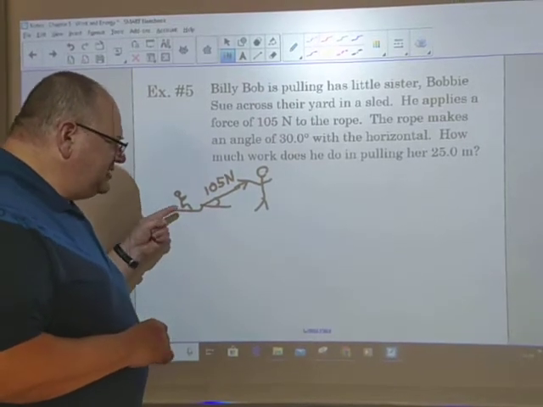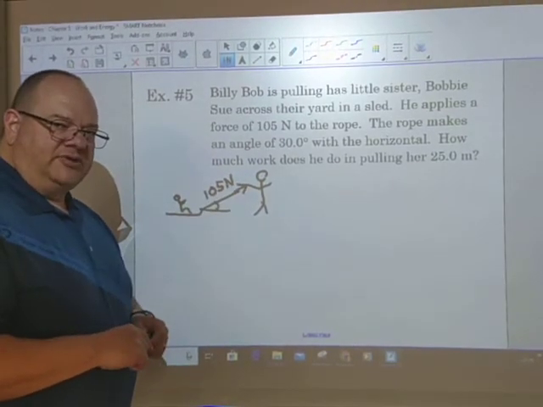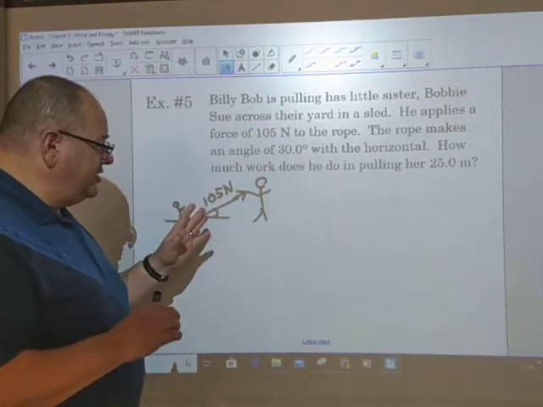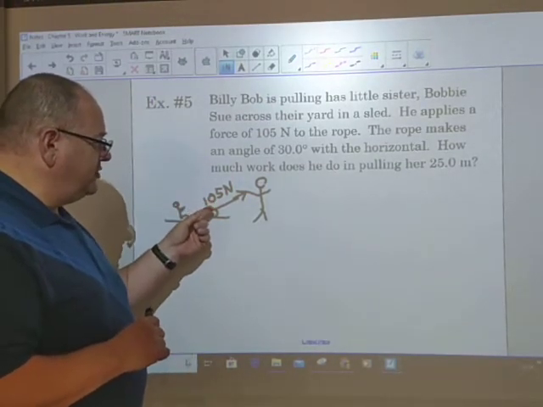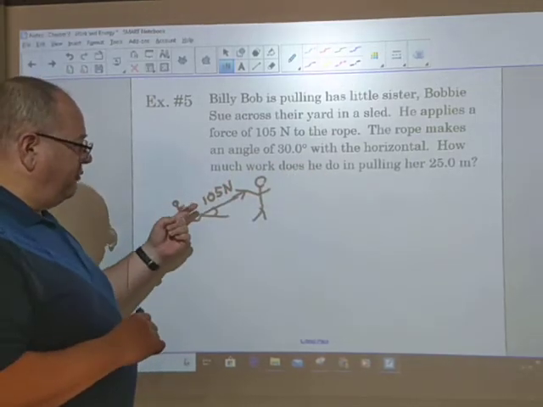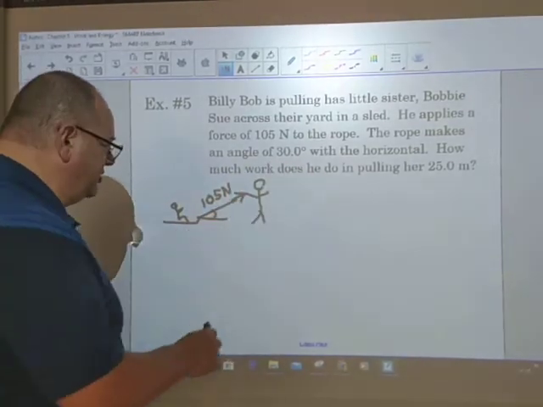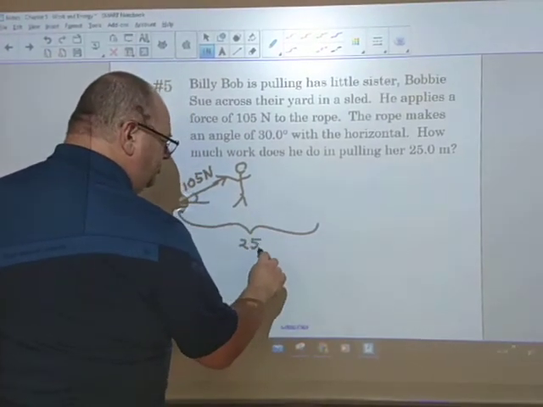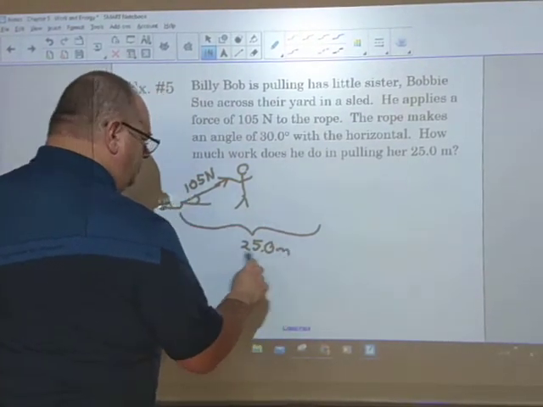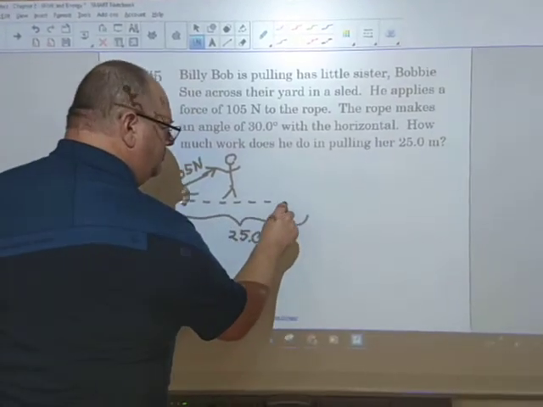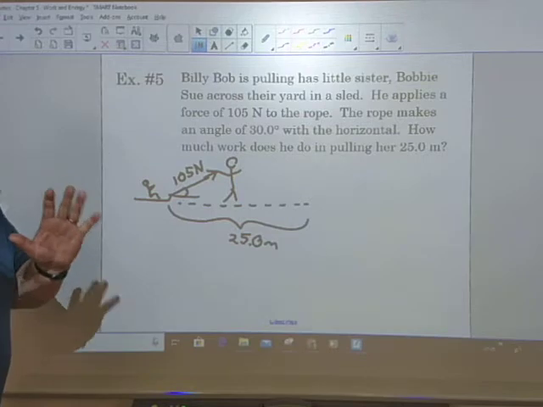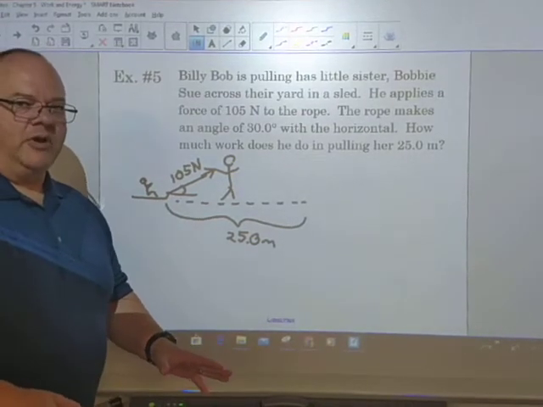Bobby Sue is not moving in the same direction as the force. So we can't just take 105 newtons. The sled doesn't move 25 meters in that direction. The sled moves 25 meters in this direction.